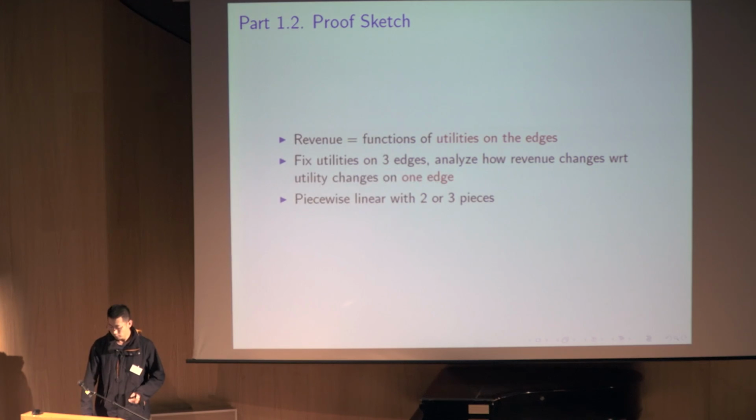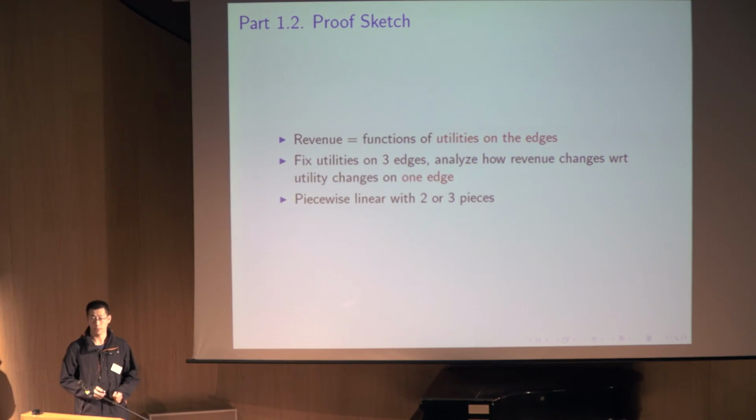Okay. Then we can express the seller's revenue as a function of the utilities on the edges. Then the idea is to fix the utilities on 3 edges and analyze how the revenue changes with respect to the utility changes on one edge.